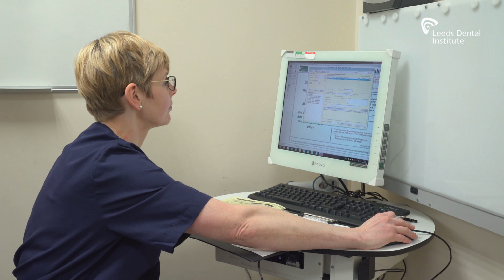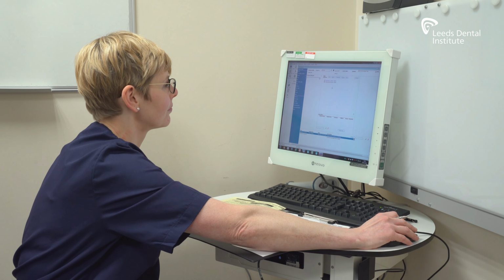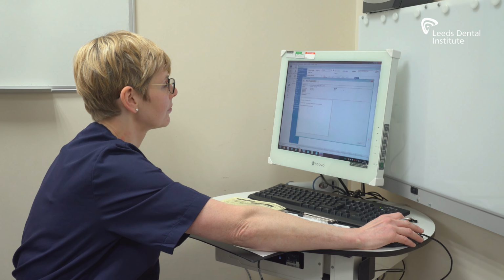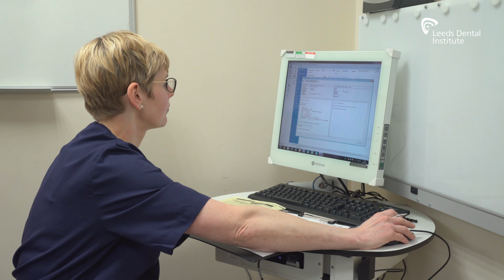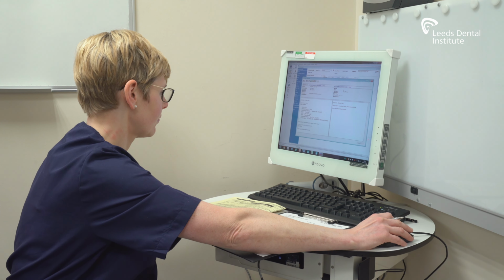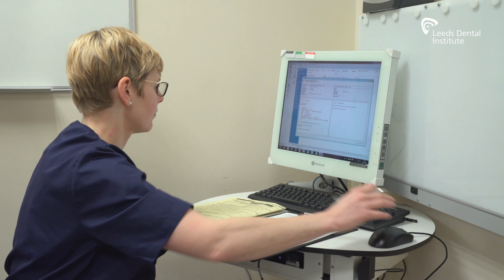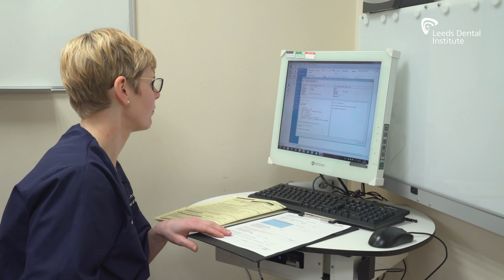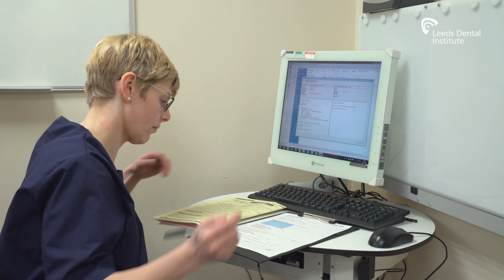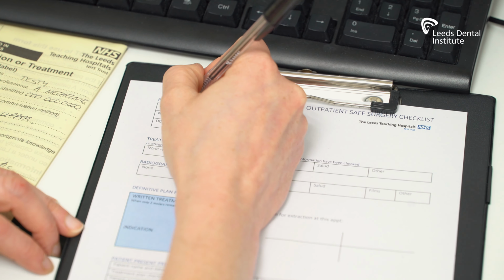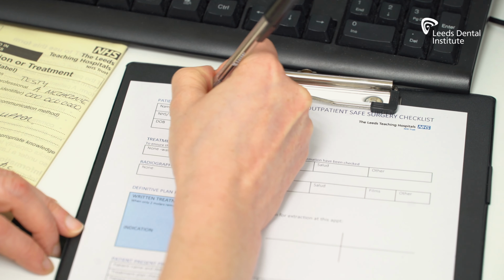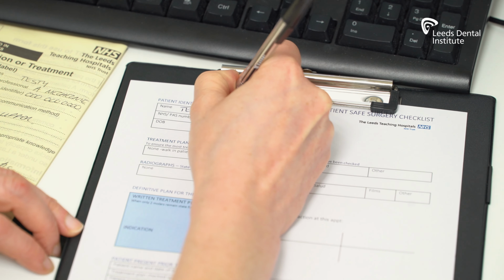So here we see Helen reviewing the notes of a patient. The patient attended a consultation appointment previously and has been referred to Helen's surgical list for removal of a tooth. Helen starts by completing the patient identifier section of the checklist with the patient's name and either the PAS or NHS number.